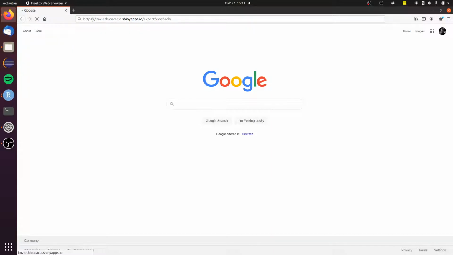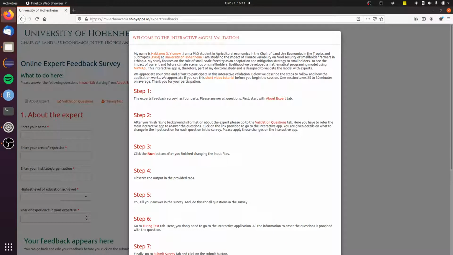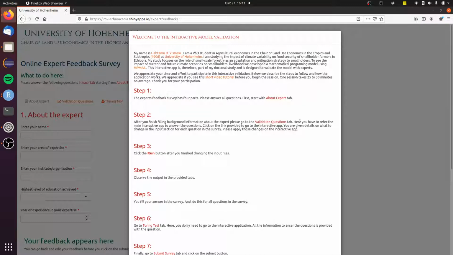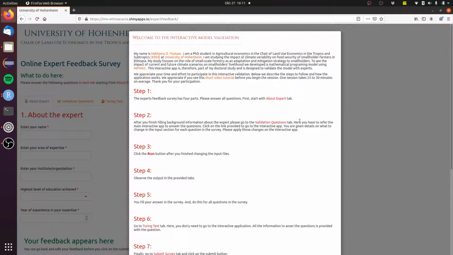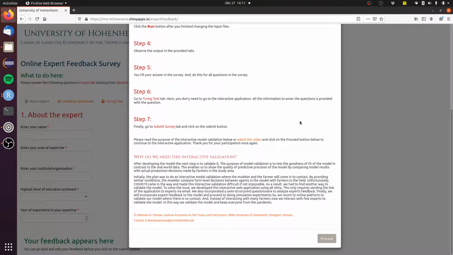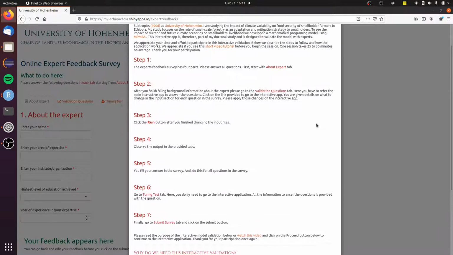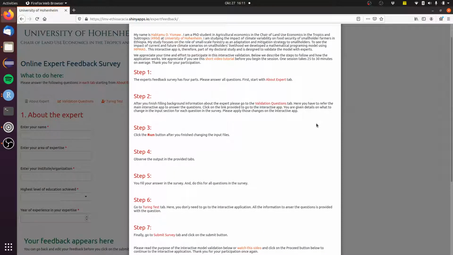This is the link to the online expert feedback survey, and in this survey there is a pop-up page which introduces the interactive model application and describes the rationale behind it, and in addition to that, all the steps that you need to do to finalize a session in this interactive validation are explained in this pop-up page.